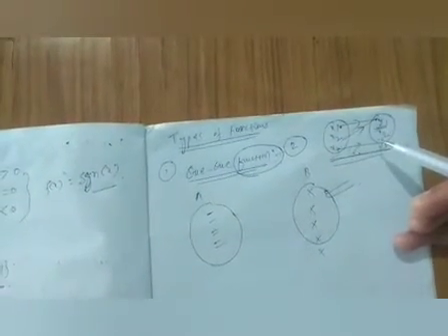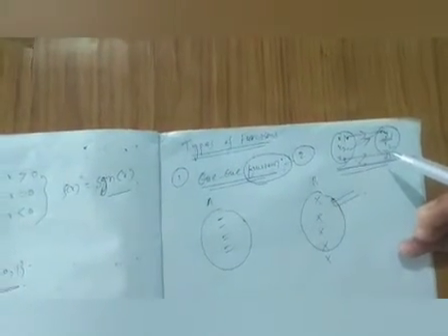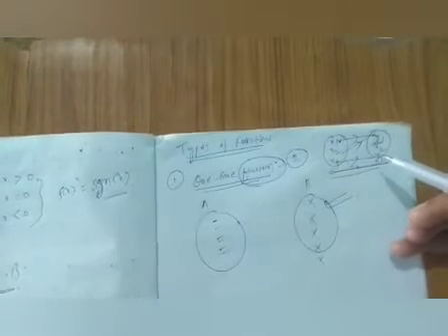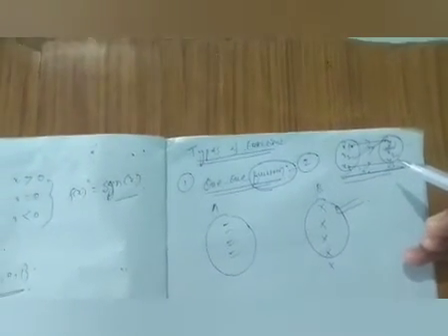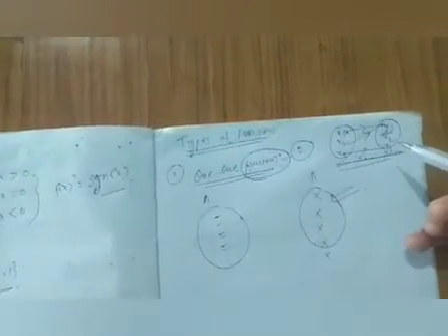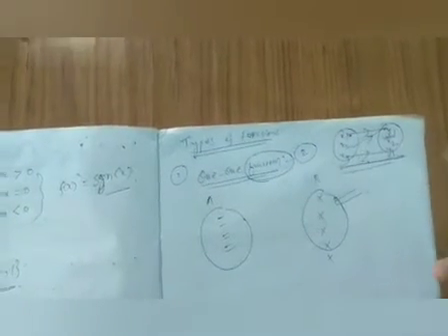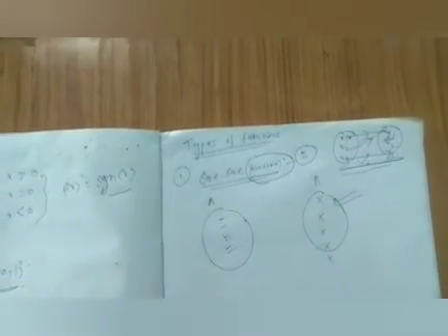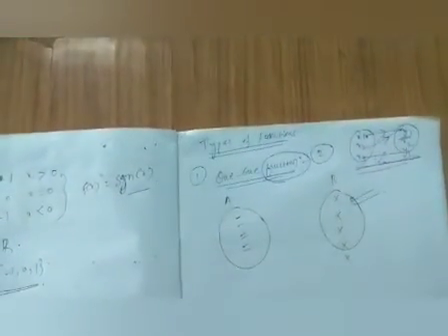In order to satisfy the criteria of a one-one function, every element in set 1 should be mapped uniquely to an image in set B, and every element in set 2 should have a unique pre-image. That's what a one-one function is. Now let us try to understand.